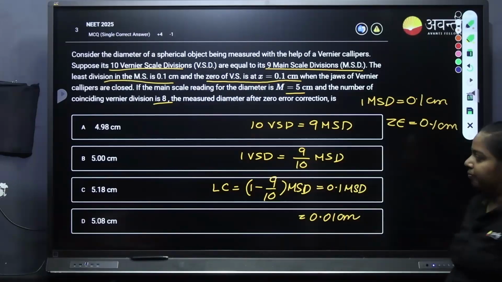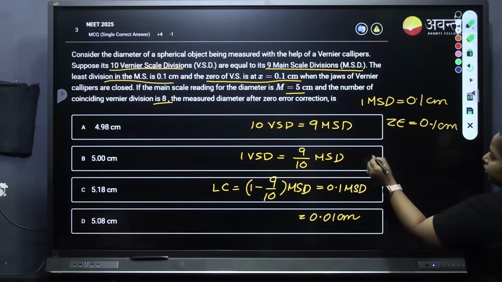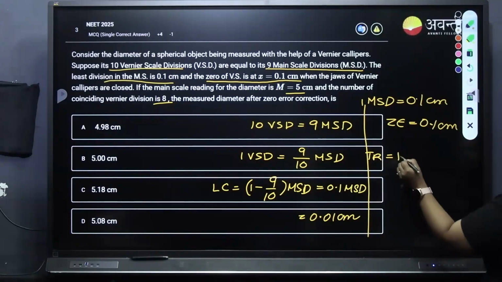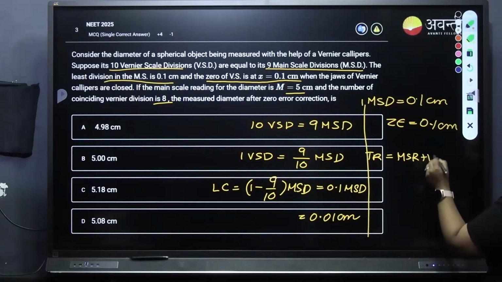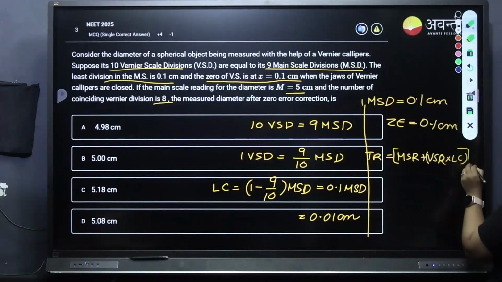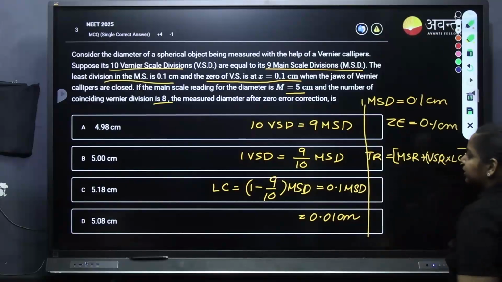That is least count. Now substituting, total reading is equal to MSR plus VSR into LC minus zero error.